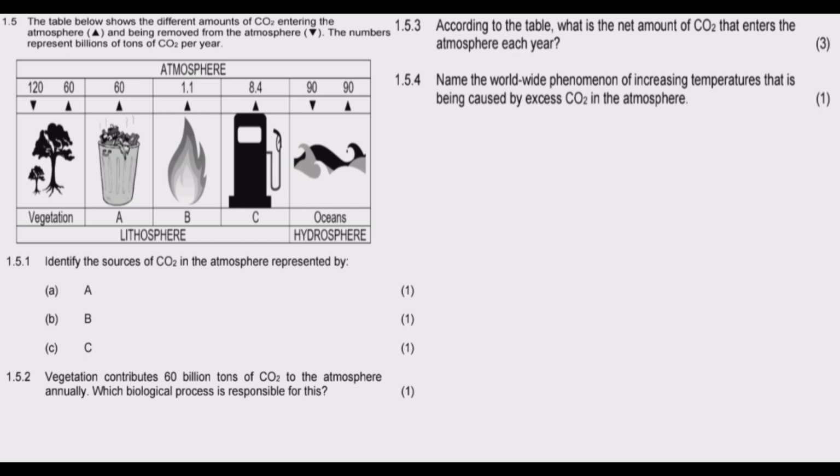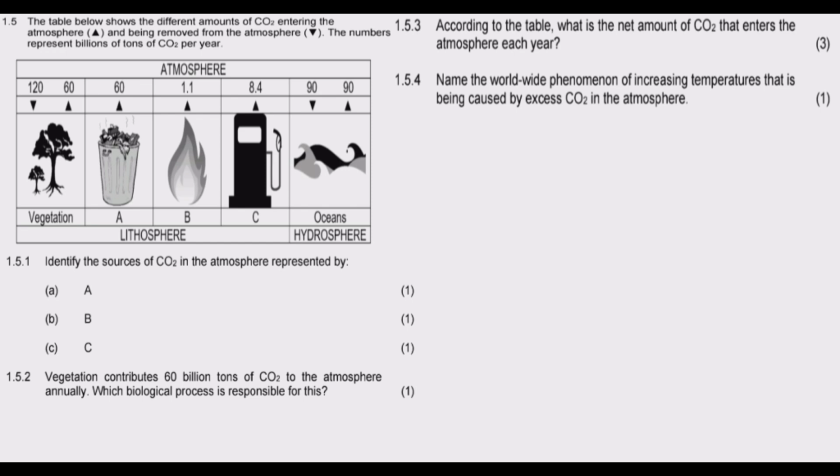When you burn them, they are just adding carbon dioxide to the atmosphere. The hydrosphere is taking carbon dioxide from the atmosphere and also adding carbon dioxide into the atmosphere, but in equal amounts. The amount it's removing is the same amount it's putting in, as you can see, 90-90.